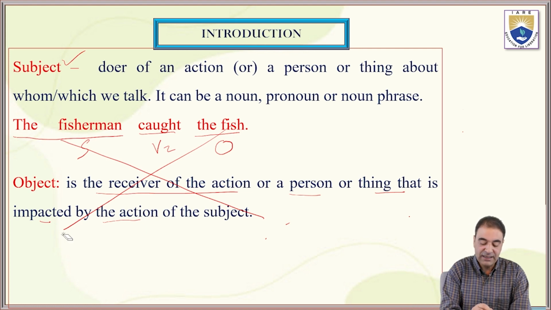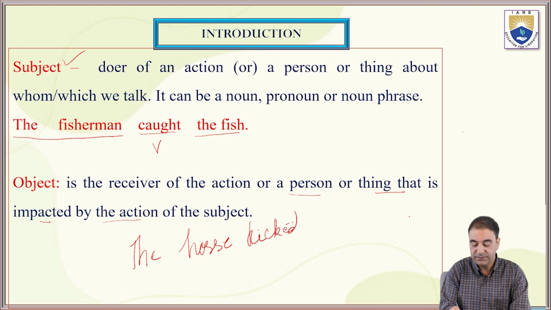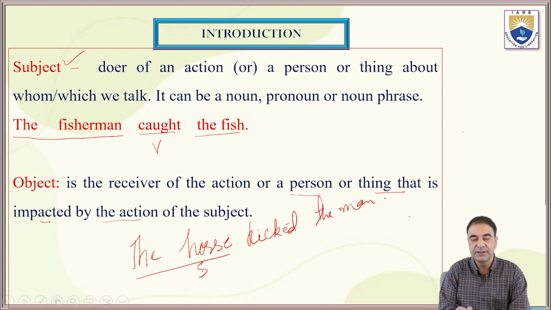Or you can say like this, for example, the horse kicked the man. Here, the horse is subject because it's the performer of an action, or it is the doer of an action.